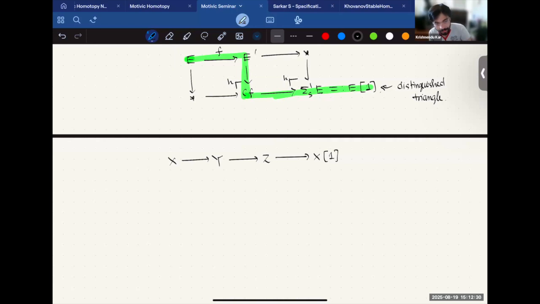It simply means it's a cofiber sequence, or a homotopy cofiber sequence to be more precise, in SPT^S(k), or a cofiber sequence in SH(k). Doesn't matter. If I have a sequence like this, I will get a long exact sequence of abelian groups.